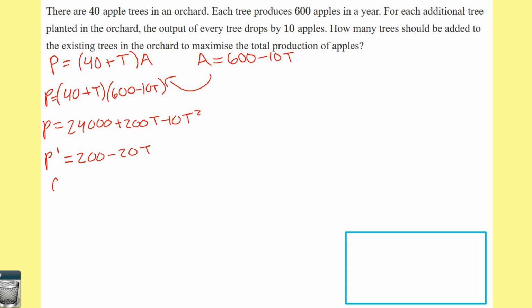We want to find when that's 0. So, easy enough to solve. Well, at least a little equation, right? So t is 10. So we're going to plant 10 trees. Okay, that's our plan. So, how many trees should be added to the existing orchard?